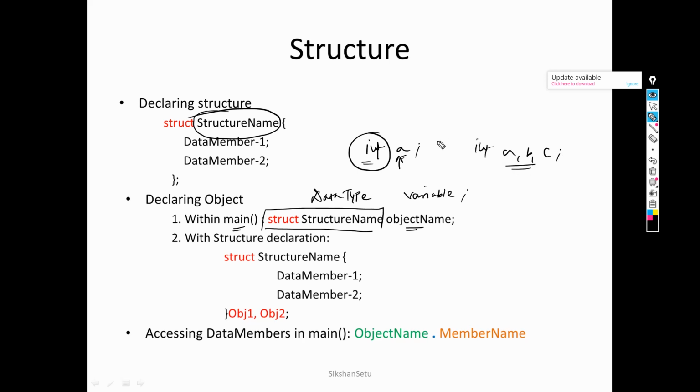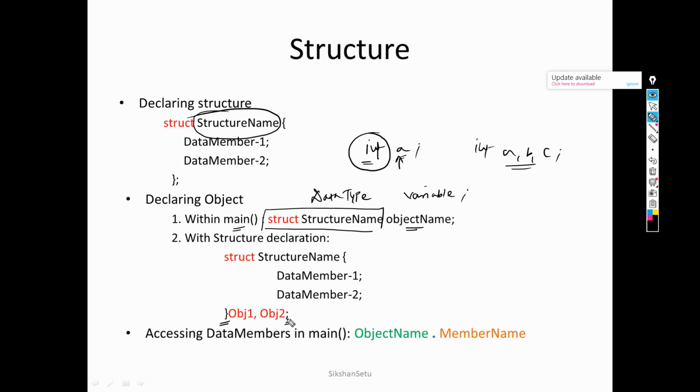Now the second way of declaring an object is this: if you don't want to declare it within the main method, you have declared a structure, you close the structure declaration with curly braces, and then you put a semicolon.